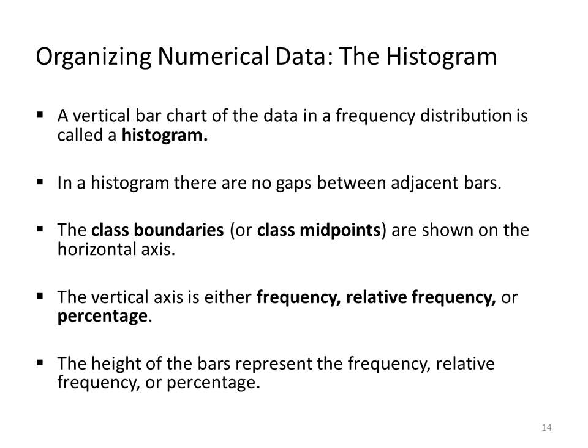Now, the vertical axis is either frequencies, relative frequencies, or percentage. The height of the bars represents the frequency, relative frequency, or the percentage. The most important thing here is that the x-axis shows the class boundaries or the class midpoints, not the class limits.